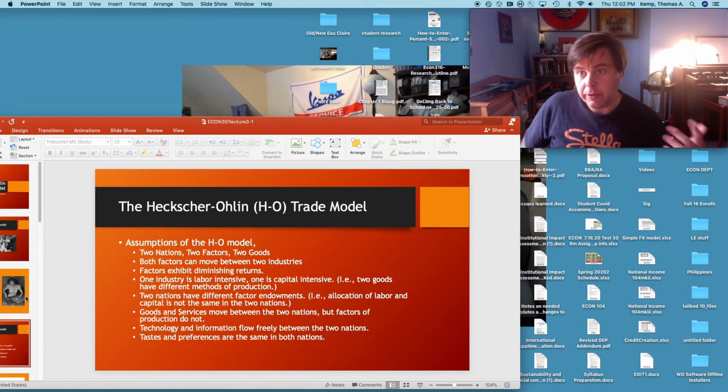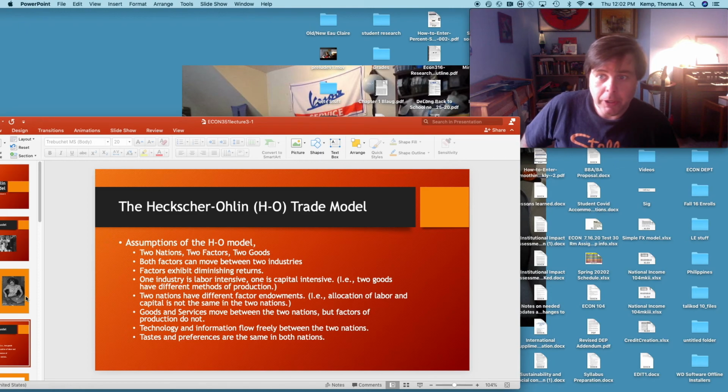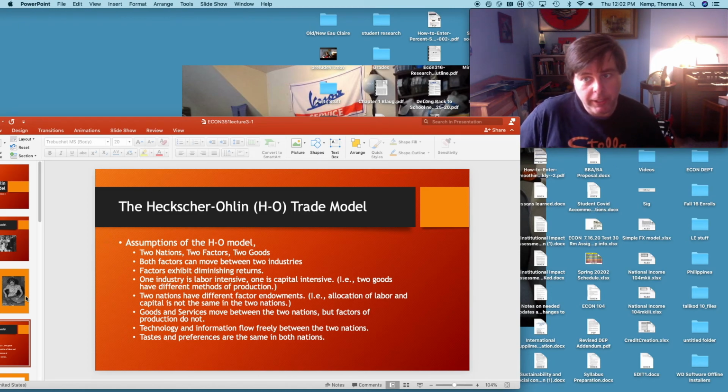Heckscher-Ohlin model assumes that technology can and will move in relatively short order over to the other nation as well. So that Ricardian style productivity advantages really can't occur over any significant length of time, because those productivity advantages themselves will be exported. Okay, so that's important to understand.